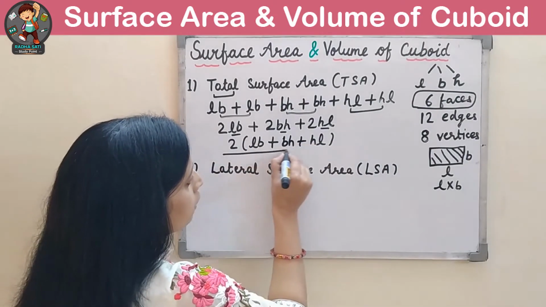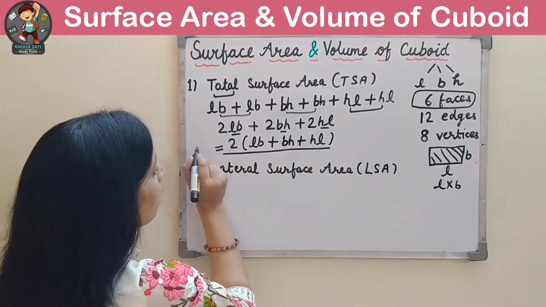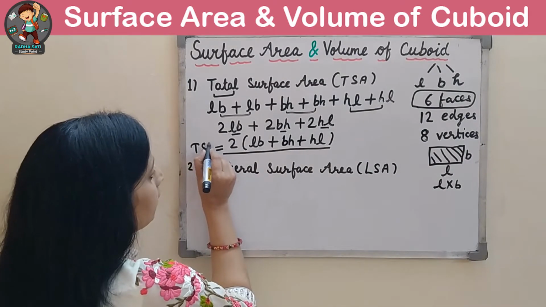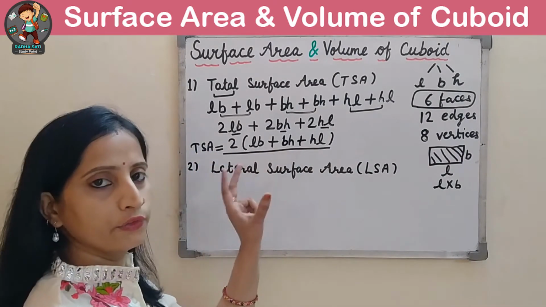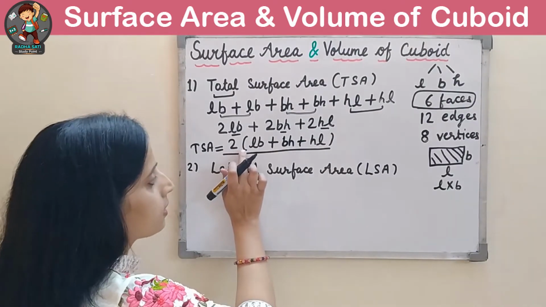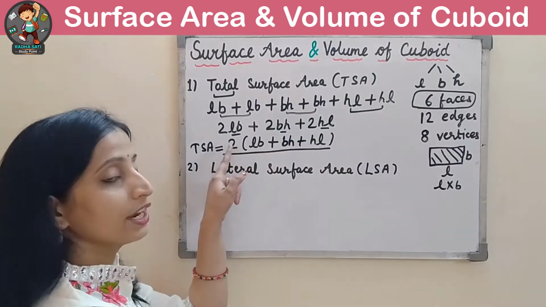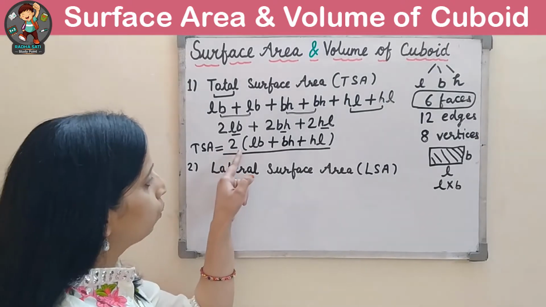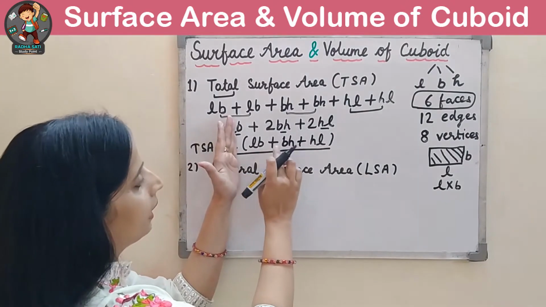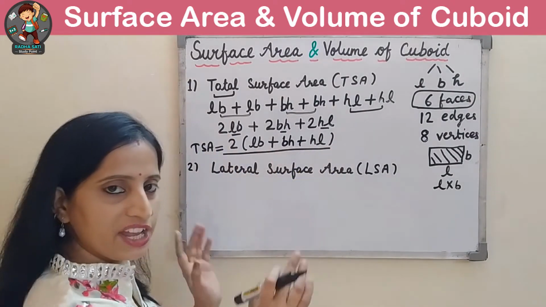So this means the formula to find out the total surface area of a cuboid will be 2 times, here no sign means the sign of multiplication, 2 times LB plus BH plus HL.